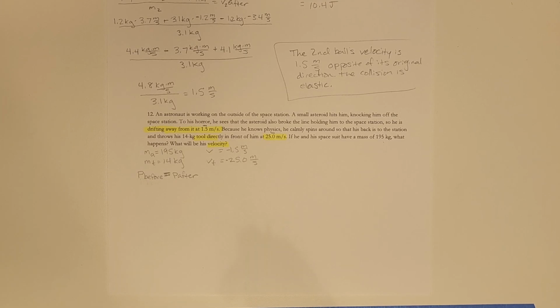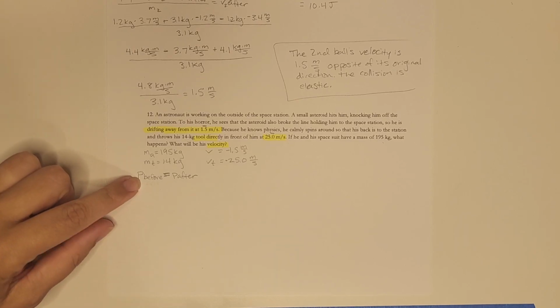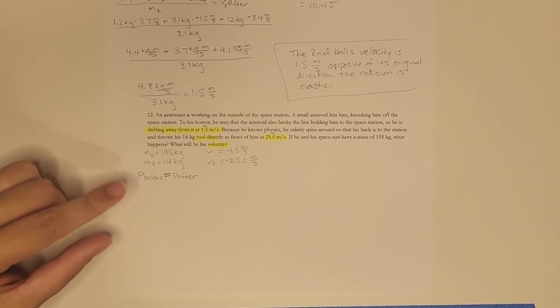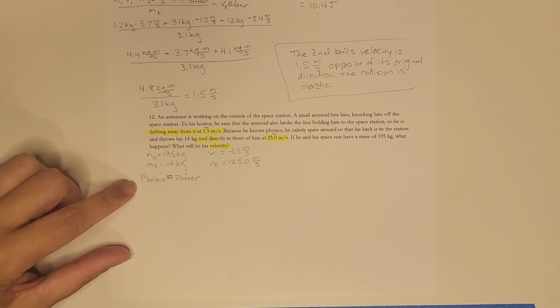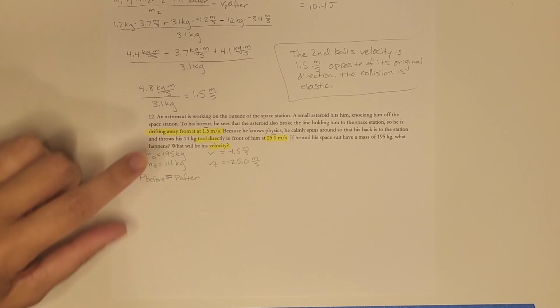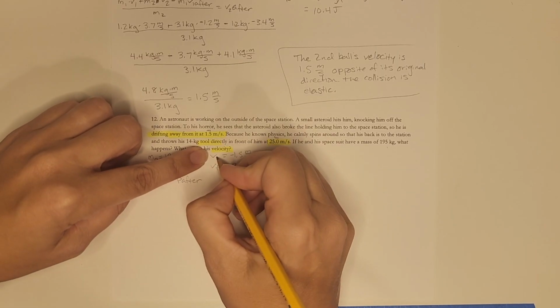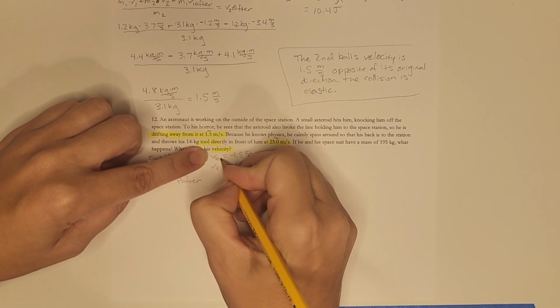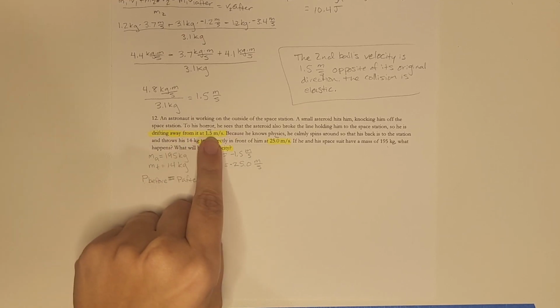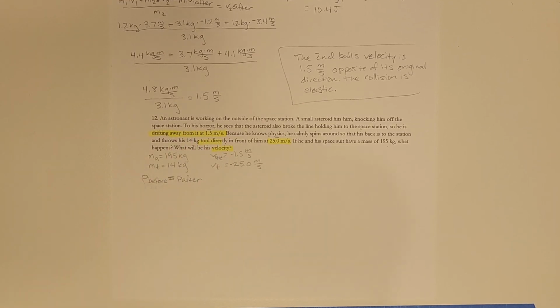it away from him. So before, he actually is in possession of this tool, and the mass that we use for our momentum needs to include the tool as well. This velocity also includes the tool, because he's holding this tool while he starts drifting away at negative 1.5 meters per second.